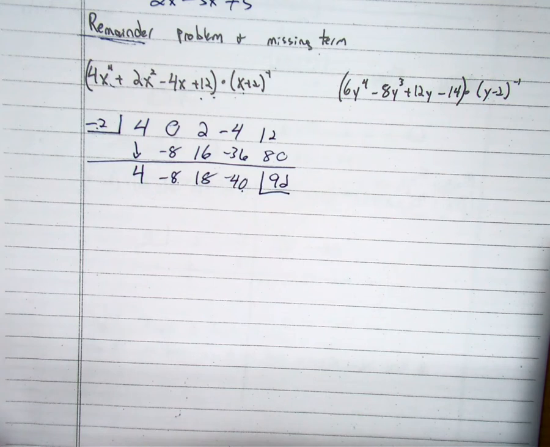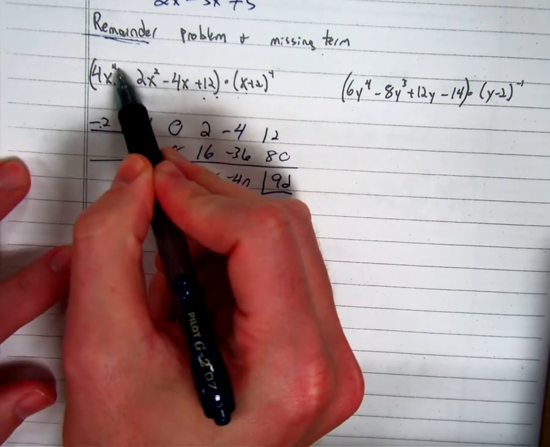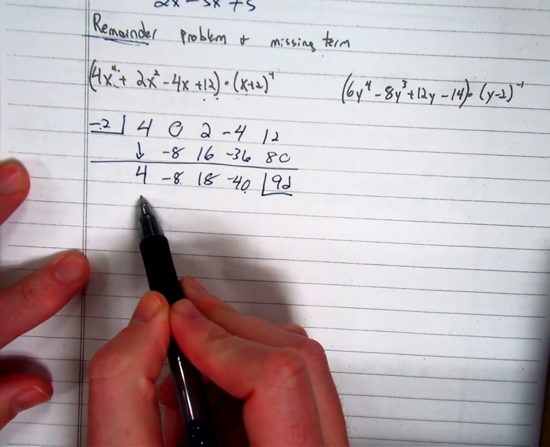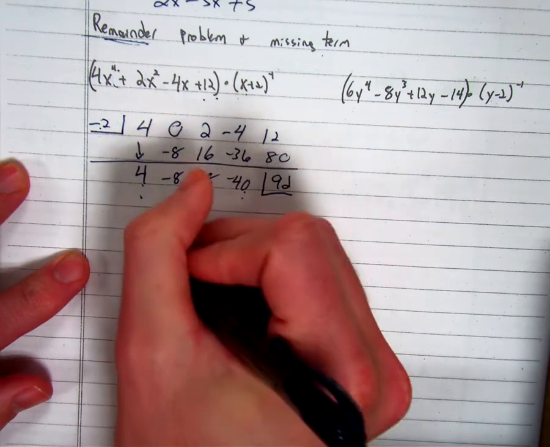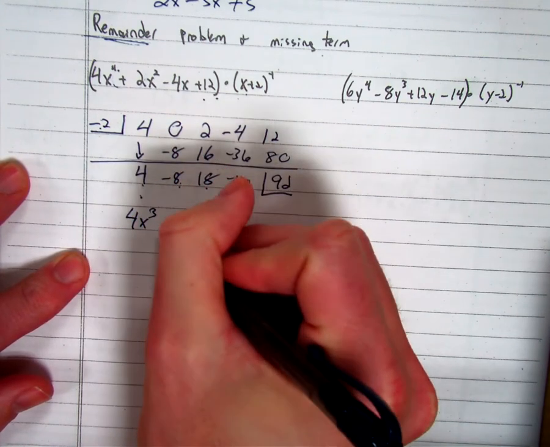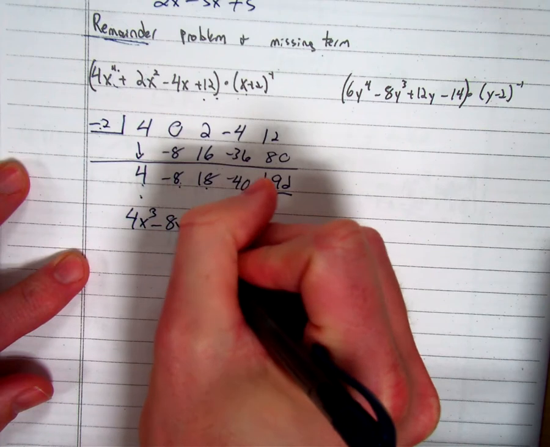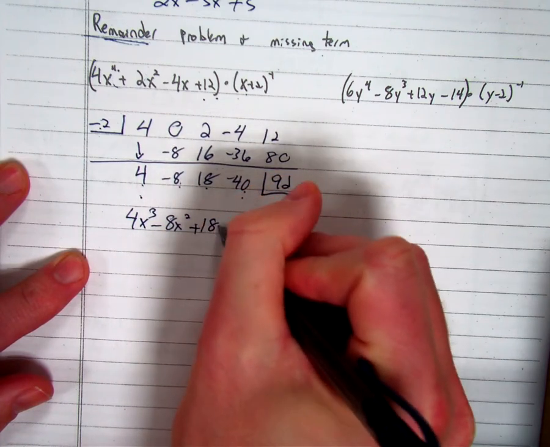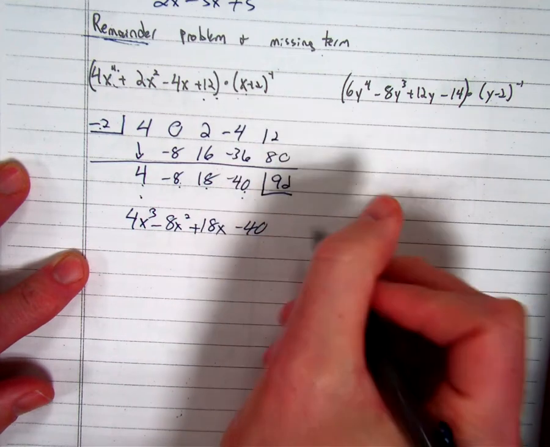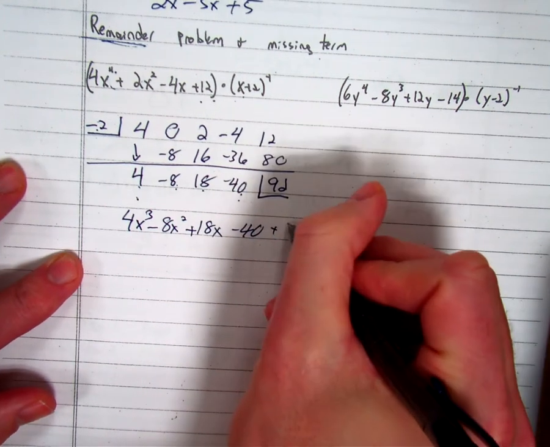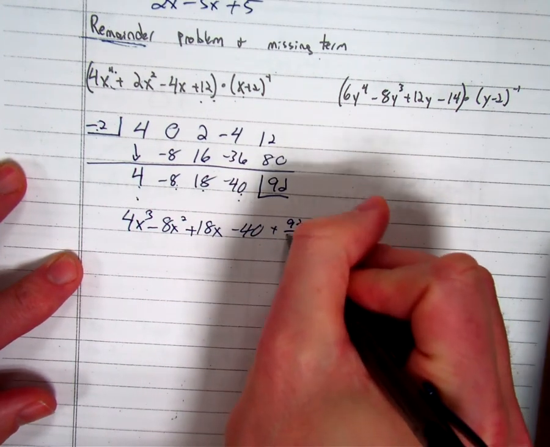Alright, so I started at x to the fourth, so I know this is going to be x to the third. Or you can count backwards. Regulars, x's, squareds, thirds. So this is 4x to the third minus 8x squared plus 18x minus 40. Remainder just like what we did with last time. It's a positive, so plus 92 over x plus 2.